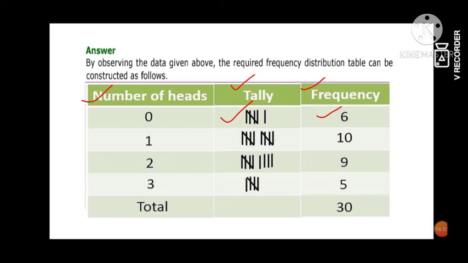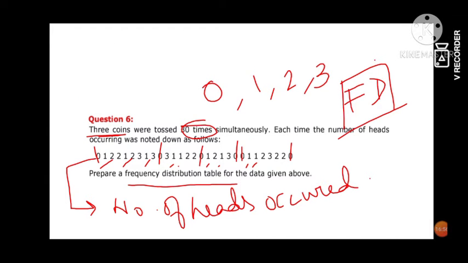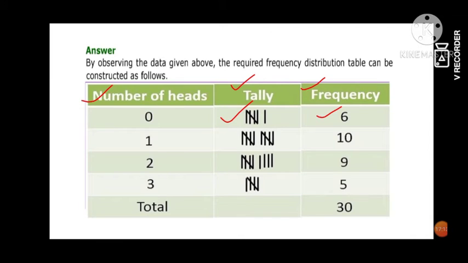So we got 9, but there should be 10, so there must be one more. But there are 9. So check the question once more from your book, and there should be a frequency of 10 for heads occurring as 1.